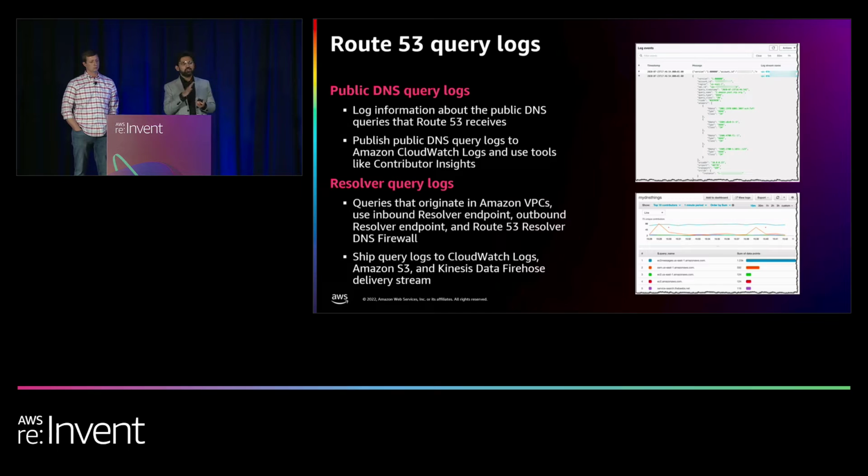So if you're doing hybrid DNS, for example, if you are trying to resolve on-premises DNS inside AWS or vice versa, then you can use Route 53 resolver, and you can enable the Route 53 resolver query logs to capture how those DNS queries are being resolved by either the AWS side or the on-prem side.